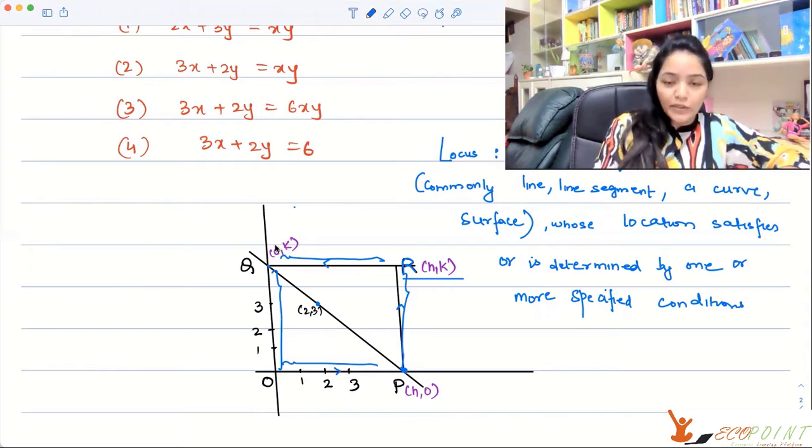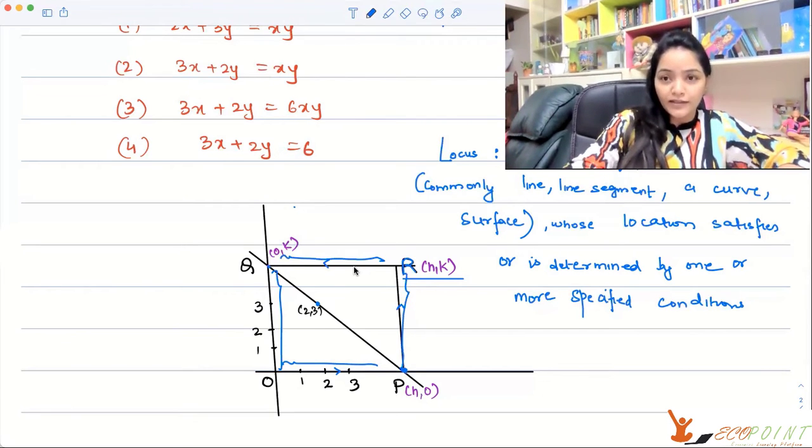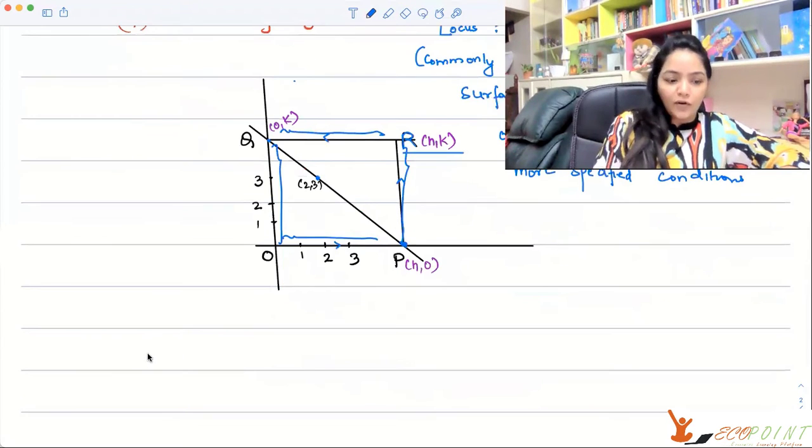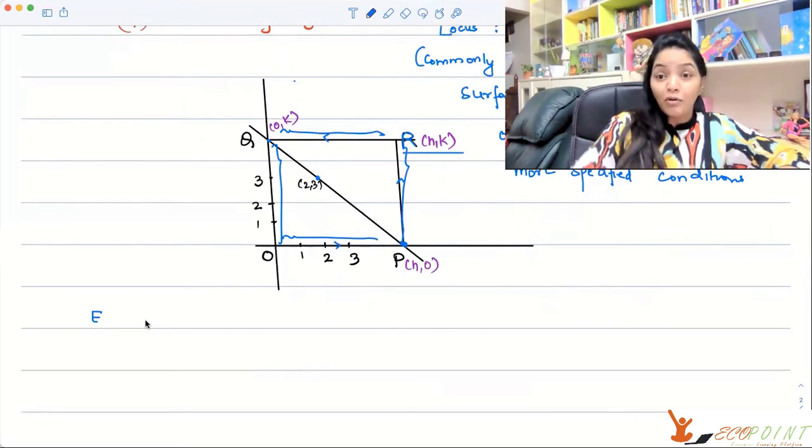Now, we're interested in the locus of R. Locus of R means all the points that will satisfy the condition that R is also satisfying. So what are the conditions that we get from here? Please try to understand, when we say R, we're talking about H, K. What conditions will H, K satisfy? So we have the equation of PQ.